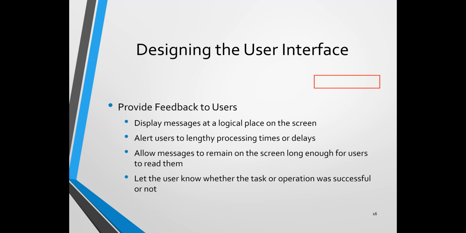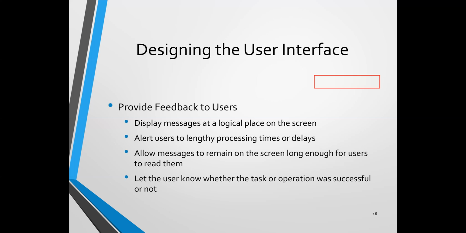Apart from that, you have to alert users to lengthy processing times or delays. Many systems have a status bar on the lower part of the screen. If users click on something and the system is processing, you may have the status bar telling the users, processing, please wait.